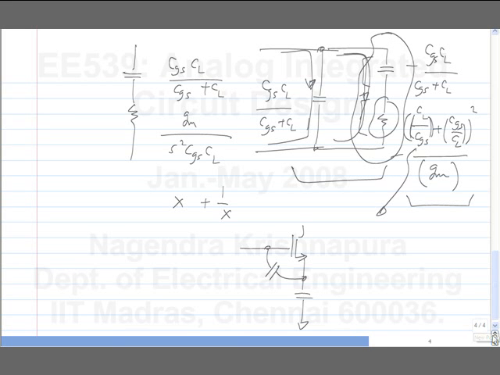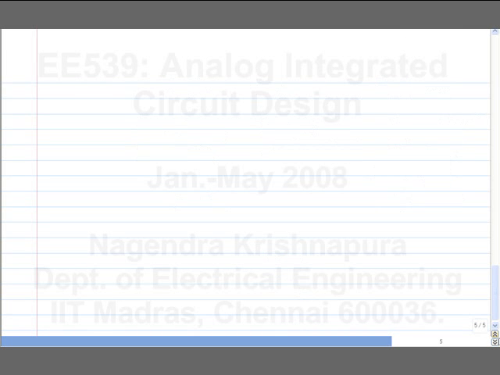Any questions on the input impedance of the source follower? So a source follower is a useful block because it's a voltage buffer, but it can give you problems especially if you are driving a heavy capacitive load.